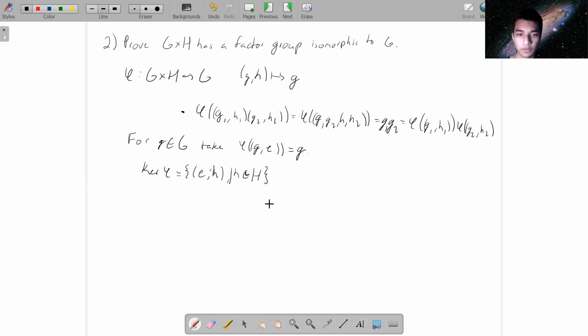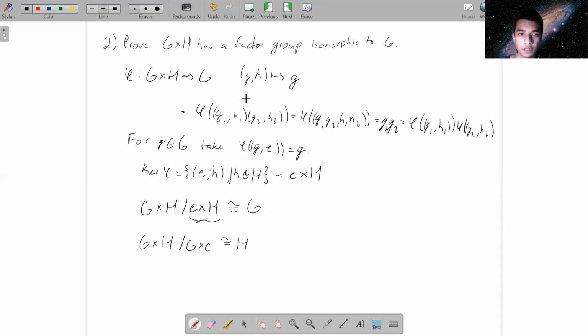Hence, by the first isomorphism theorem, we see that G times H mod e times H, where e is the identity of G, is isomorphic to G, which is what we want to show. In fact, we found by what group we are modding out. And in a much similar fashion, we can show that G times H mod G times e is isomorphic to H. In fact, the proof is basically the same.